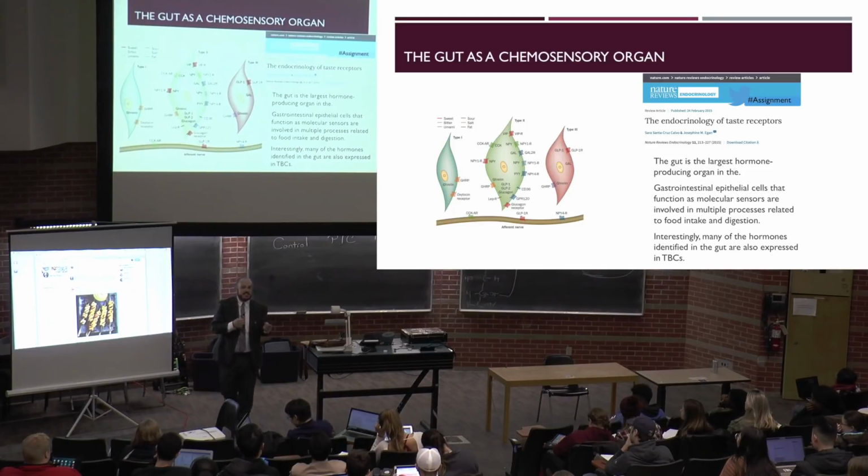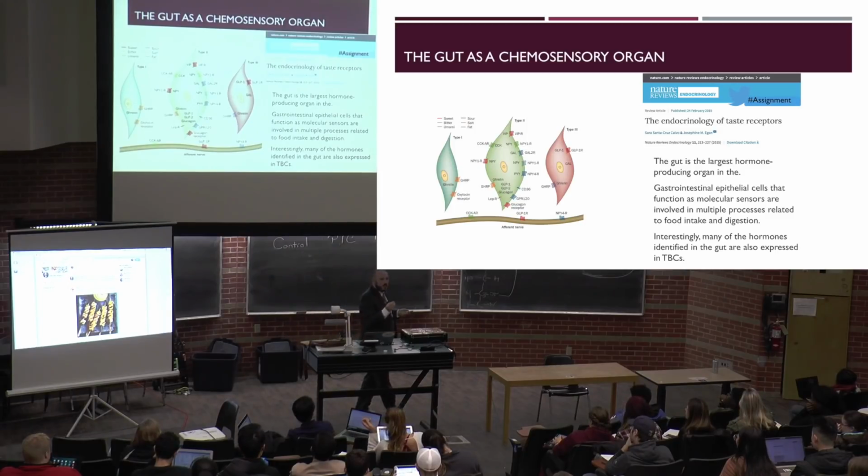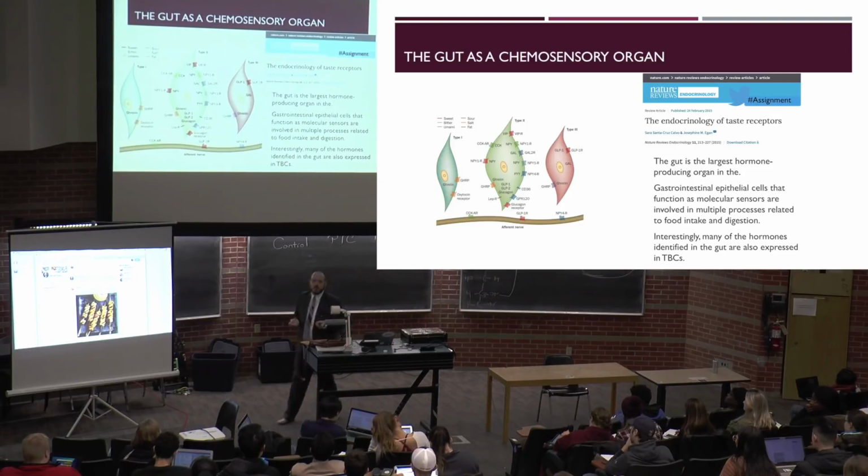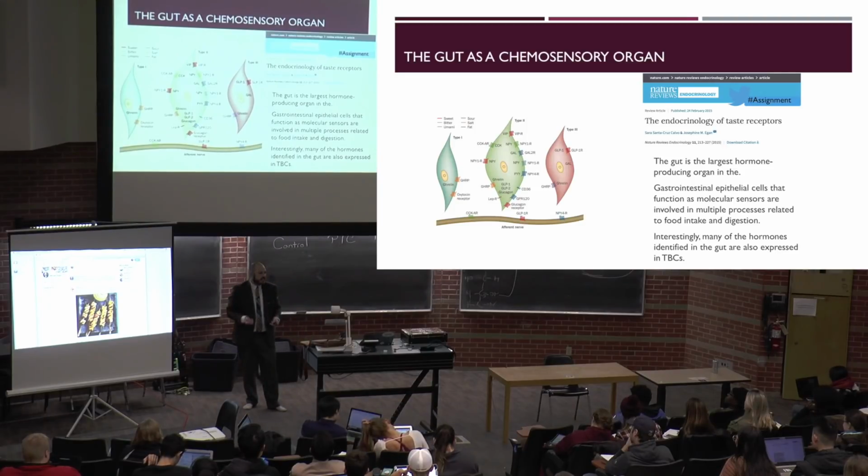So how does, and there is no answer for this question, why do these taste receptors contain receptors for hormones that are essential in our gut for satiety and satiation?